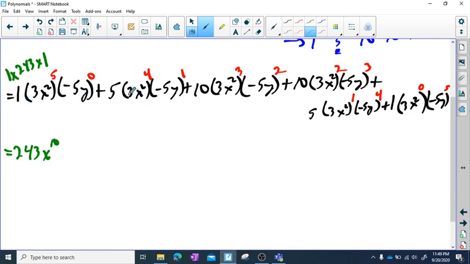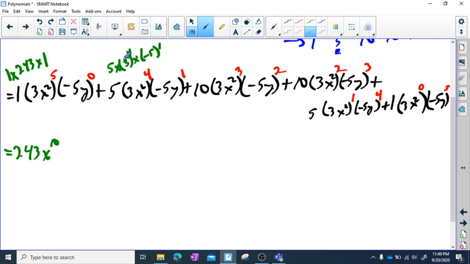That one's done. Now I've got a 5 times 3 to the 4th power. Now it's a positive, so I don't have to worry too much, but it's in brackets. And then I've got a negative 5 in brackets to the 1st power. As I said, you can be typing this all in your calculator at once. You don't have to write it up here.